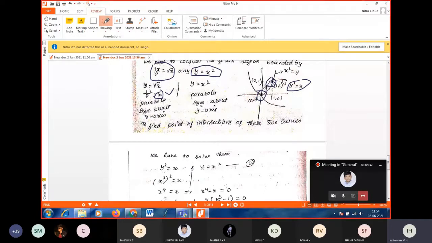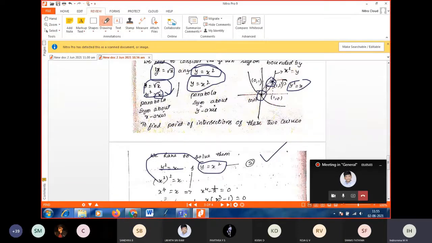One is y square equal to x and another is y equal to x square. Substitute y equal to x square in the first equation. It becomes x square whole square equal to x, which is x power 4 equal to x.